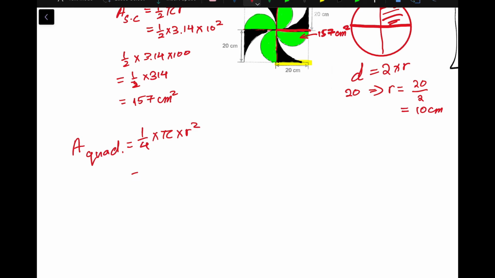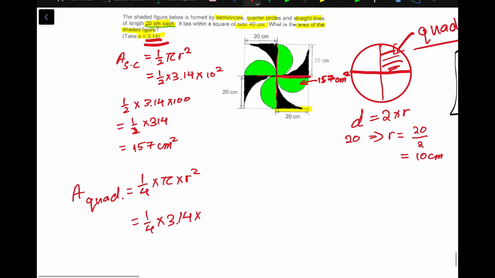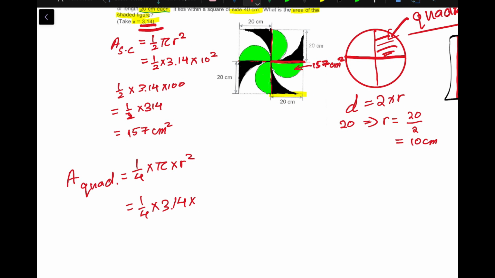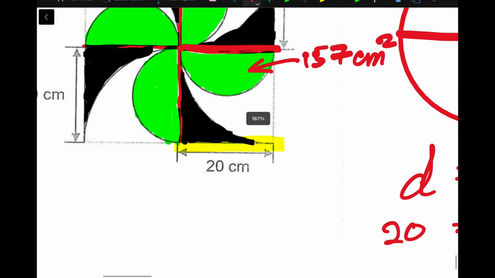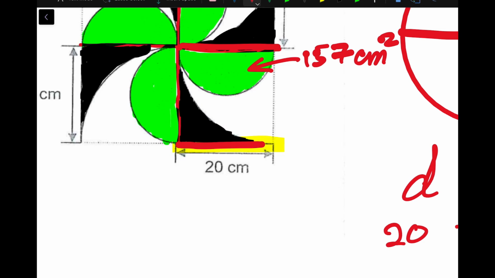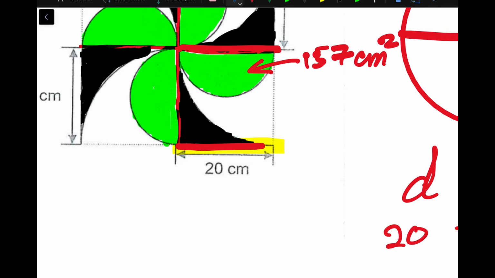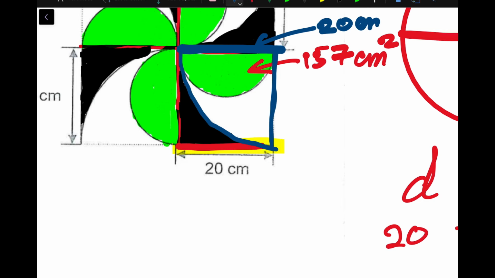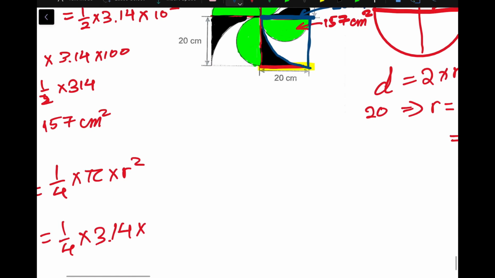In this case we would get 1 by 4 times 3.14, the value of pi, times radius squared, and the radius is 20 as given in the figure. If you see, the base of this quadrant is 20 centimeters in length, which means that the radius would also be 20 centimeters.